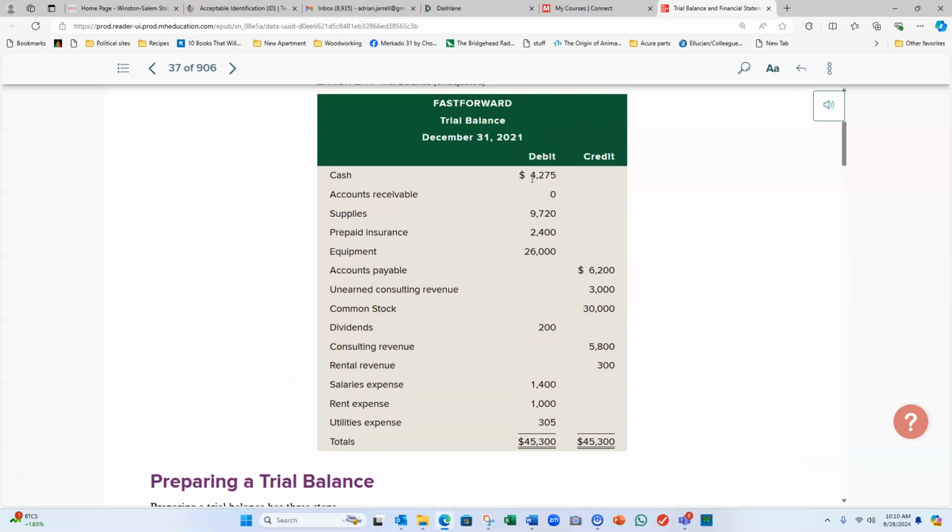For example, if instead of 4275 you put 2475, the difference is going to be divisible by 9. 4275 minus 2475 is a difference of $1,800. Well, 1,800 is divisible evenly by 9, no remainder. So anytime you see an error that's divisible by 9, think of a transposed number somewhere.